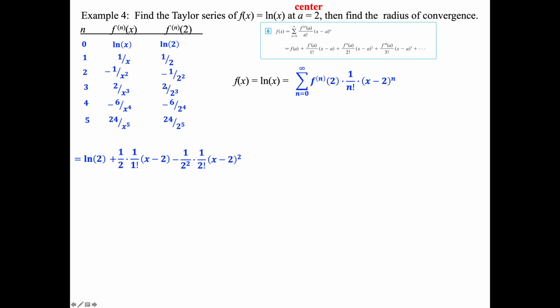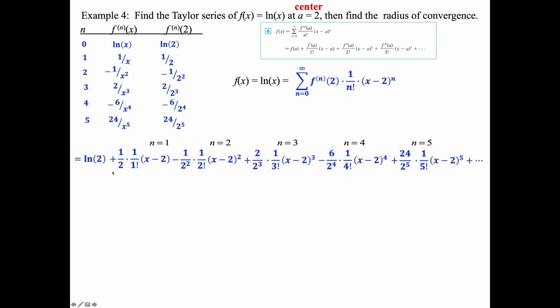Then plus 2 over 2 to the third times 1 over 3 factorial times x minus 2 to the third. And then minus 6 over 2 to the fourth times 1 over 4 factorial times x minus 2 to the fourth. And since we did the 5, let's put that one in there as well. So plus 24 over 2 to the 5th times 1 over 5 factorial times x minus 2 to the 5th power, plus, and then this pattern just continues going onward.